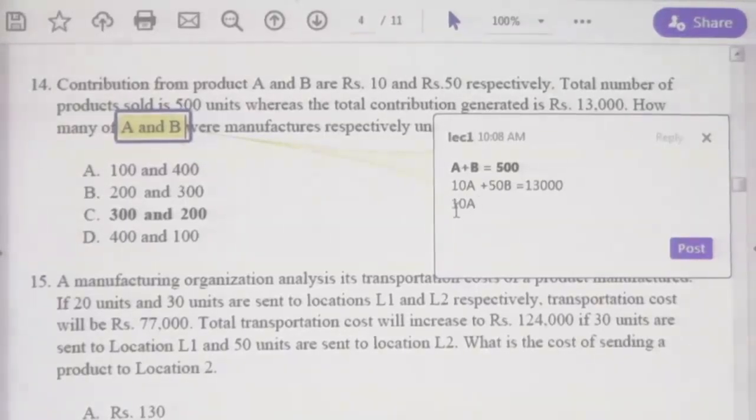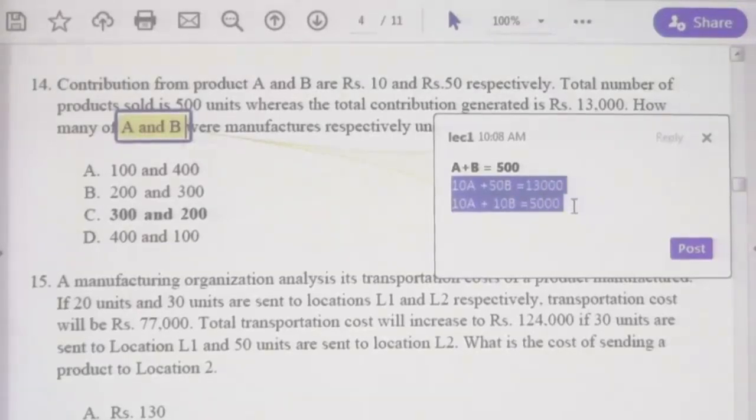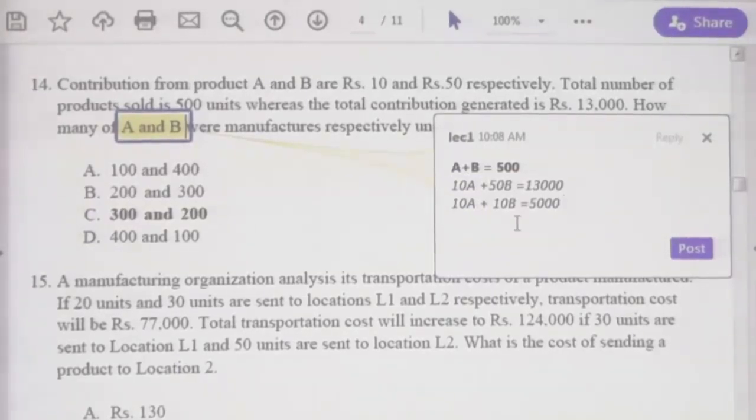10A plus 10B equal 5,000, because 500 also multiplied by 10, then 5,000. Now, finally, you have these two answers, these two equations. Now, you can see here, you can eliminate A from here, right?